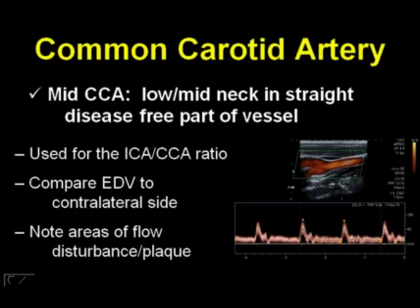The literature states that velocity should be acquired somewhere 2 to 3 centimeters proximal to the carotid bifurcation, again in an area where the vessel is straight and where it's disease-free. One of the other reasons to look at this part of the common carotid artery is to compare the end diastolic flow velocity to the contralateral side, keeping in mind that asymmetry should be noted and interpreted appropriately.